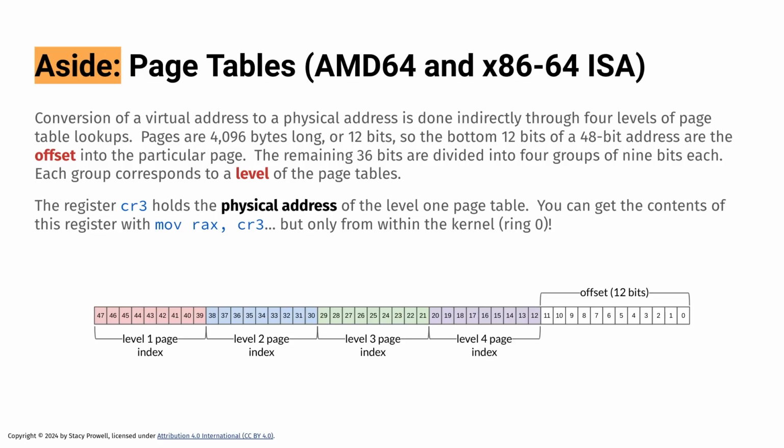We could move CR3 into RAX, another register, and work with it that way, but we will only allow access to CR3 if we are in ring 0, that is, we're running in the kernel. So we have to be in a privileged level of the processor in order to access CR3. It's a protected register, for lots of reasons we won't go into.